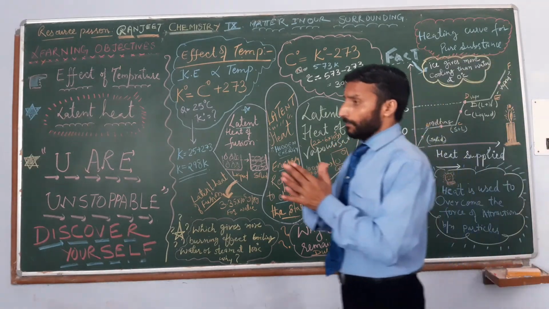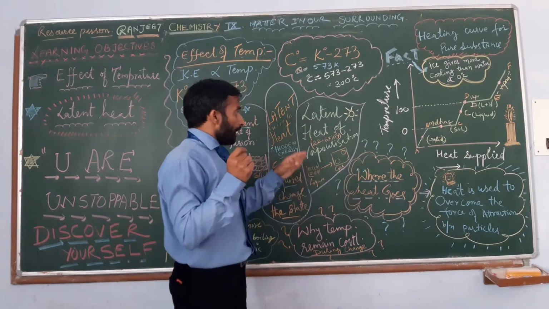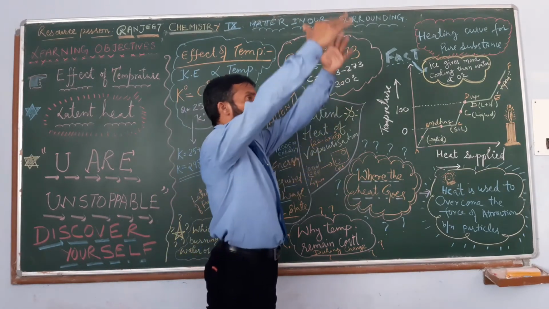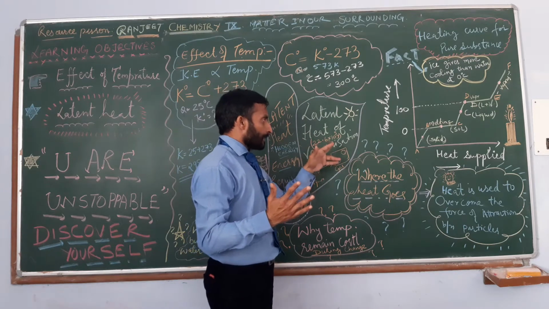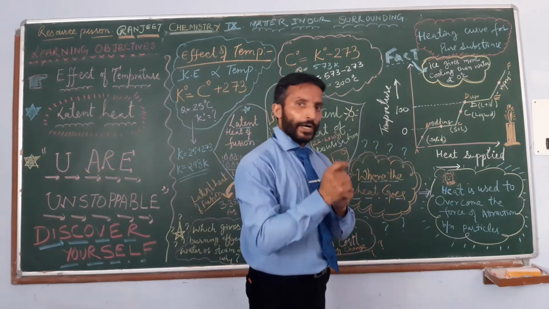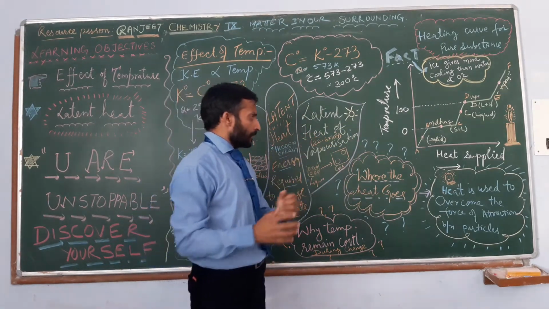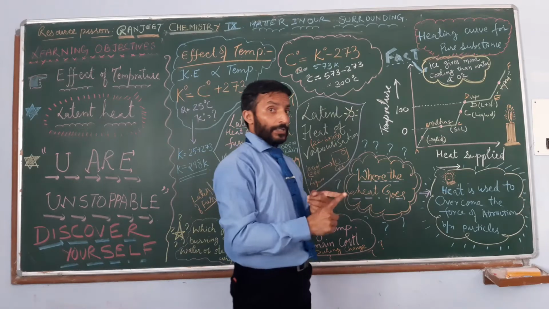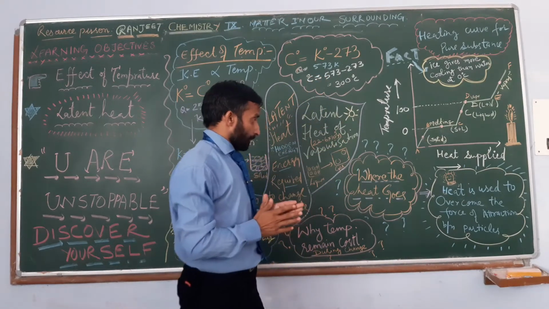For example, the latent heat of vaporization of water is 22.6 into 10 raised to power 5 joule per kg. So this much energy is required to convert 1 kg of water into the vapor state.